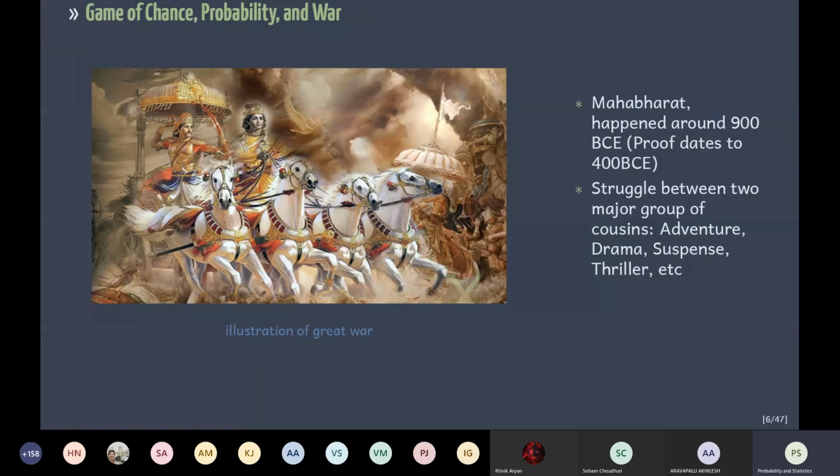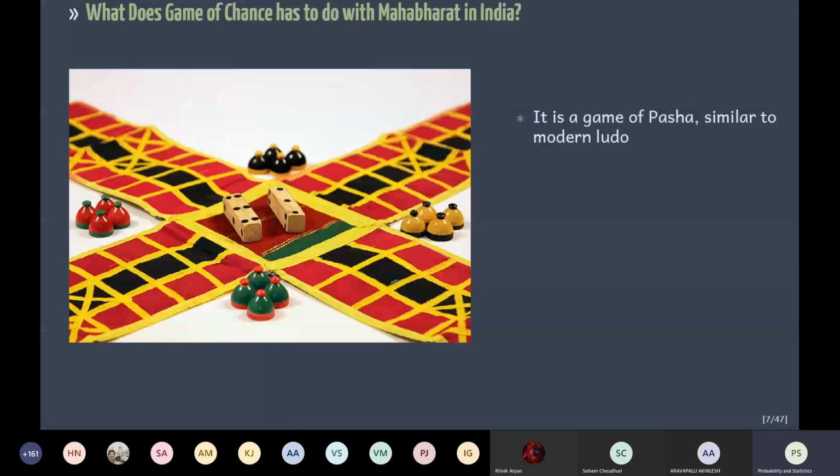It has everything you can ask for: adventure, drama, suspense, thriller. And even a game of chance is involved in this, in some sense. The intensity of the war, or the way things got intense, to some extent we can say a game of chance is also a culprit here.